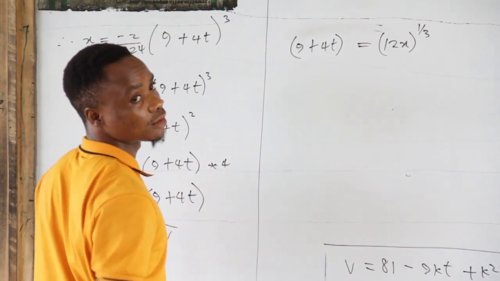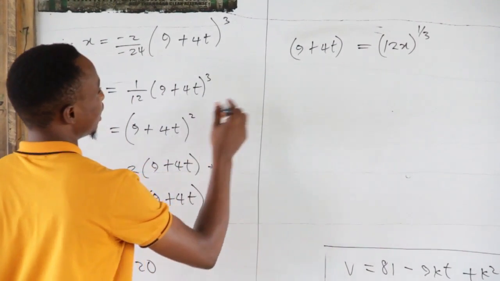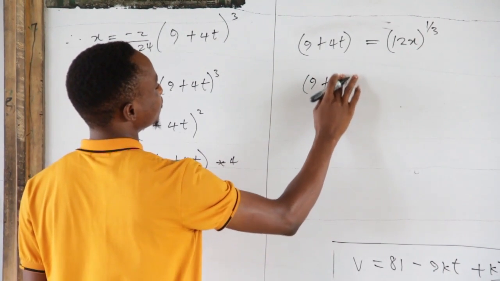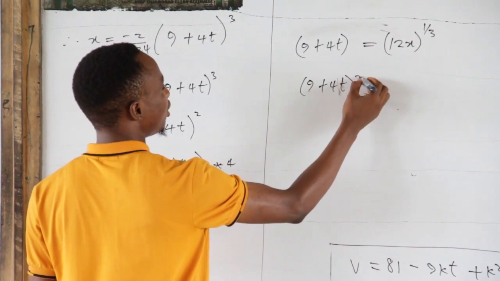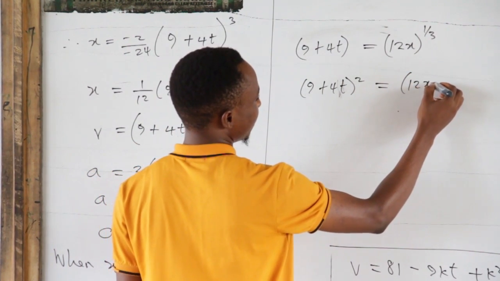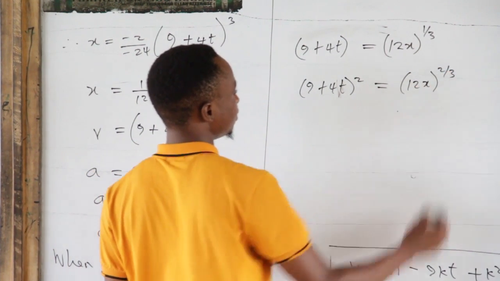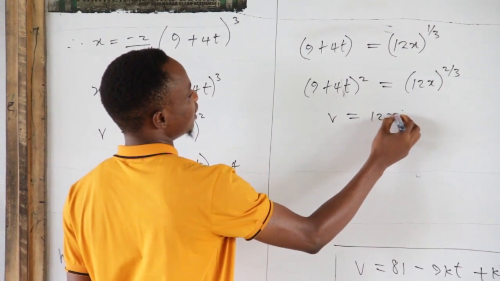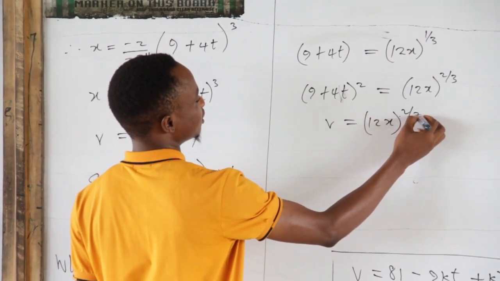Does that make sense? So when I square this, 9 plus 40 all squared should be equal to 12x raised to power 2 over 9. That means v is equal to 12x raised to power 2 over 3.